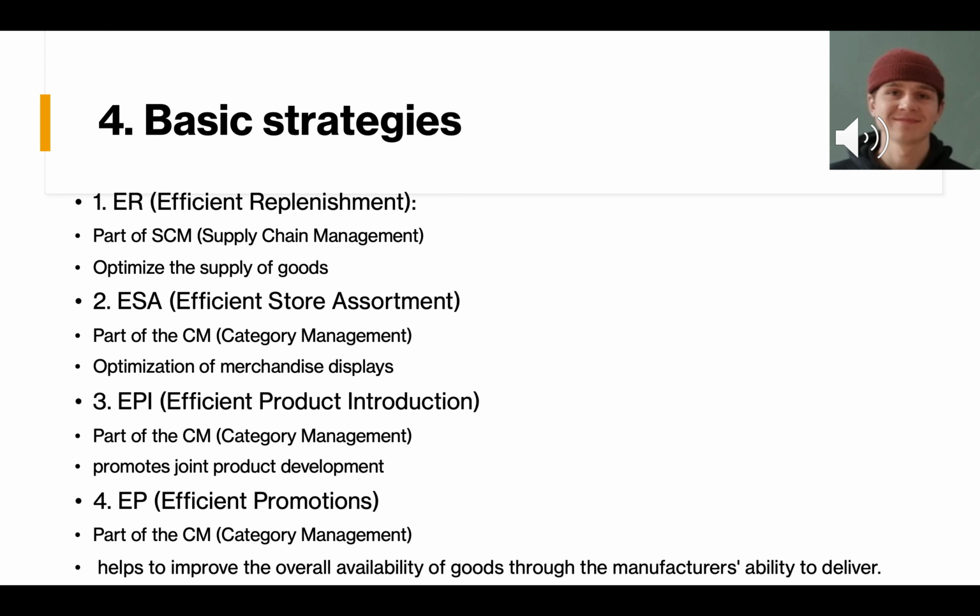Efficient promotions primarily involves the joint planning and execution of advertising campaigns and sales promotions. However, it also helps to improve the overall availability of goods through the manufacturer's ability to deliver. Retailers would like to benefit from the support of the industry in these three strategies.